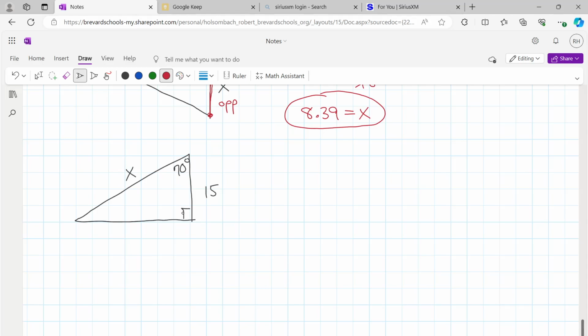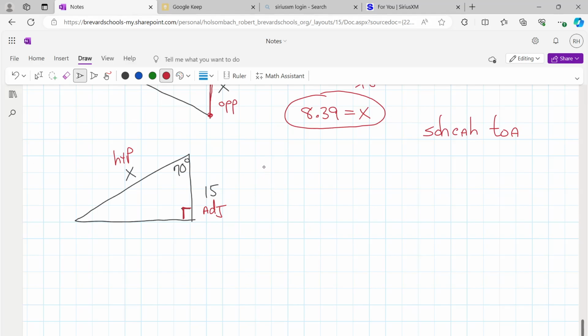The side opposite the 90-degree angle is always the hypotenuse. The side next to the 70-degree angle is adjacent. The acronym is SOHCAHTOA. Which ratio deals with adjacent and hypotenuse?